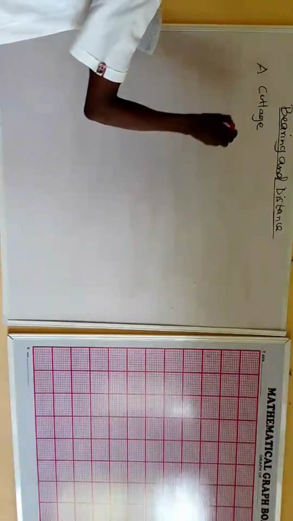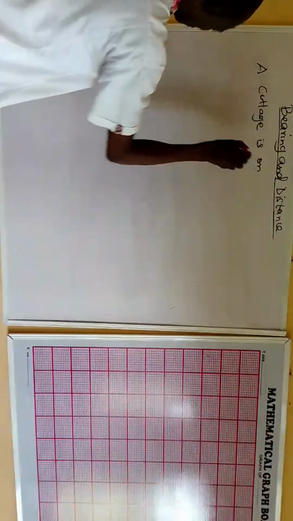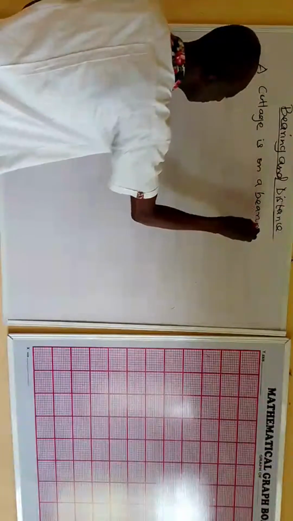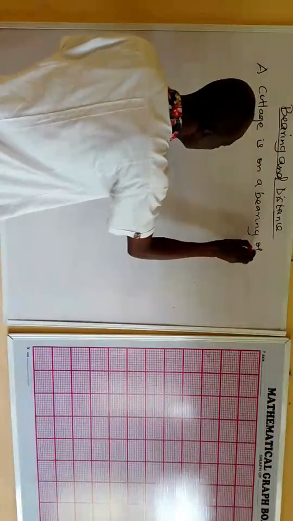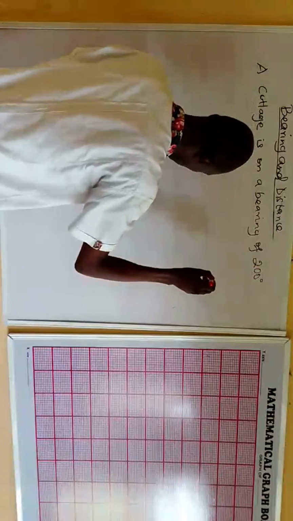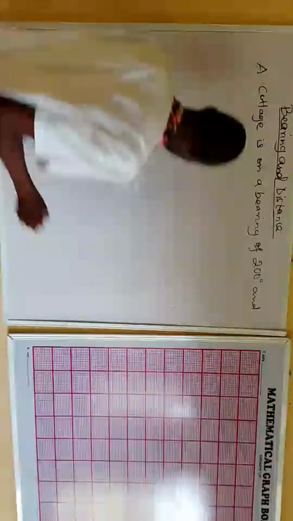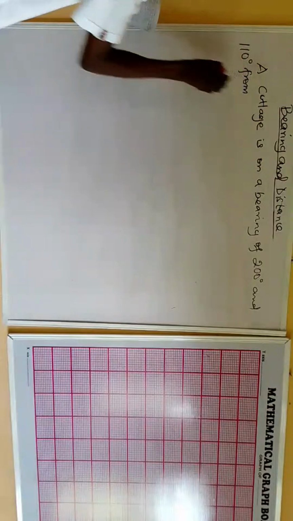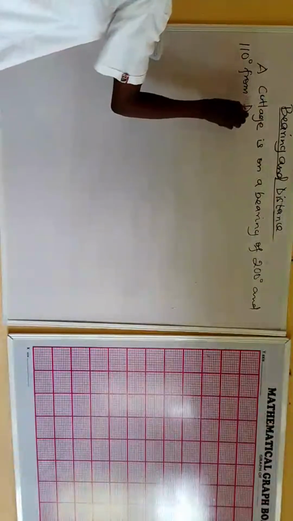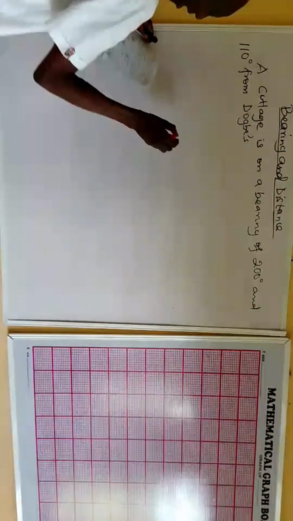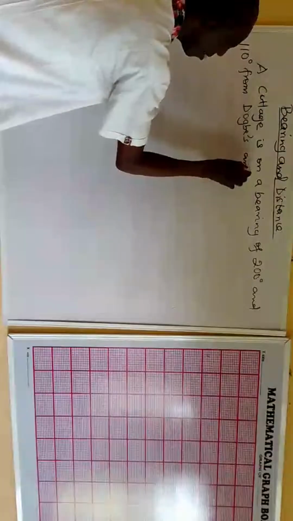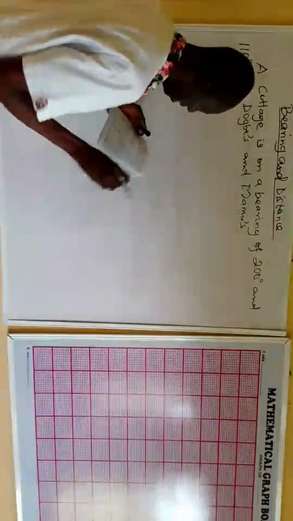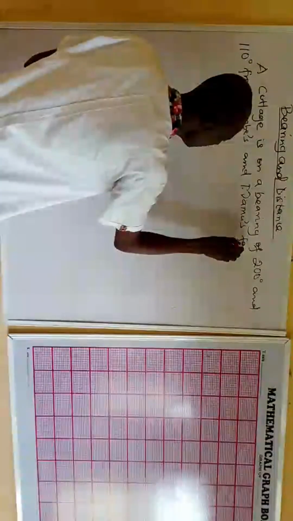A cottage is on a bearing of 200 degrees and 110 degrees from Dugbe and Mammoth farm respectively.